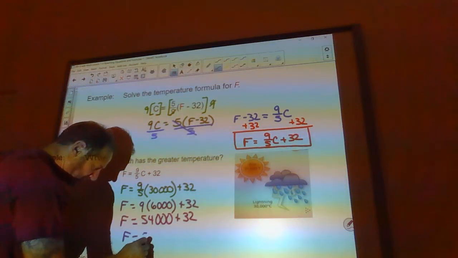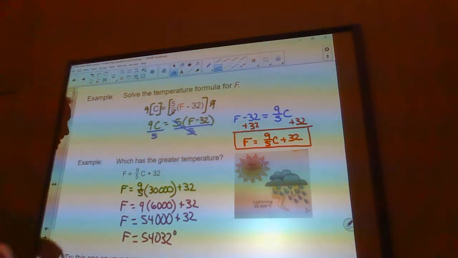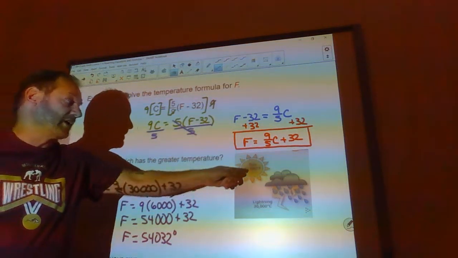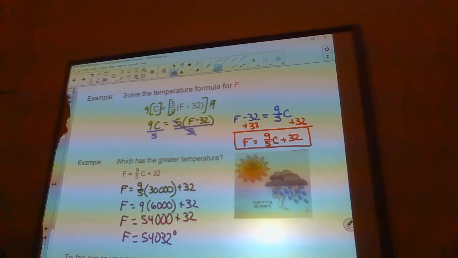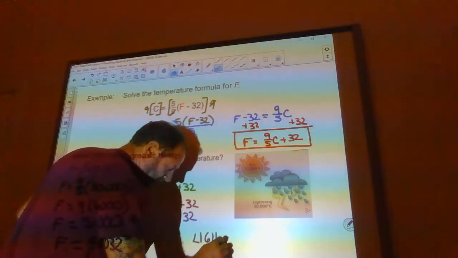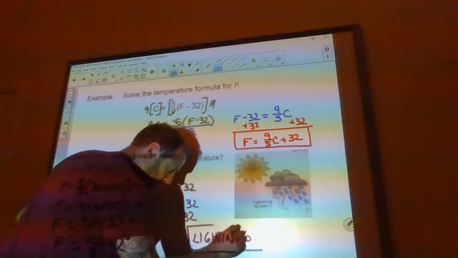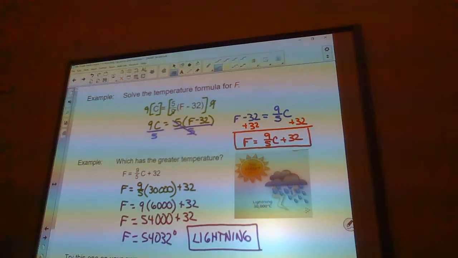So F is 54,032 degrees Fahrenheit. Well, that's way hotter than the sun, which is only 11,000 degrees Fahrenheit. So which has the greater temperature? Lightning is hotter. A lot hotter.